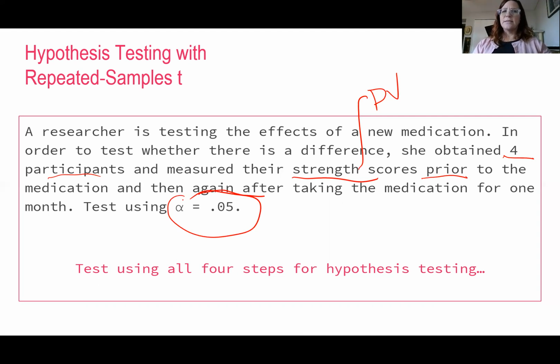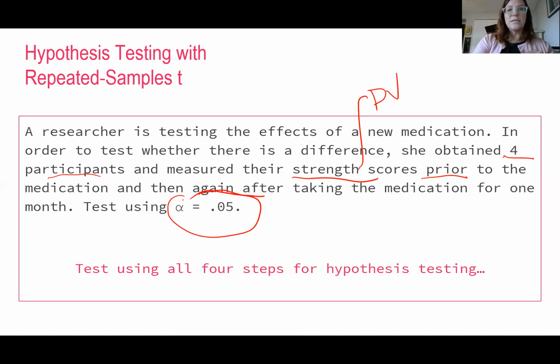So the key is, looking through, don't make assumptions. I've noticed a lot of students make assumptions because maybe the research scenario is testing something that seems like it would have an obvious direction, like it would obviously have an increase. Just because you think it seems obvious doesn't mean that's how the researcher is testing it.